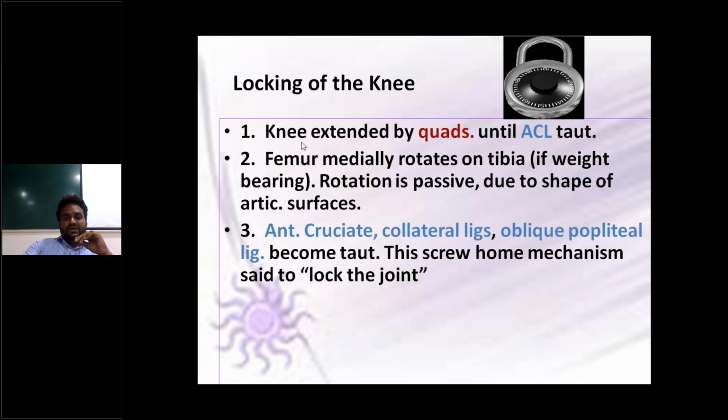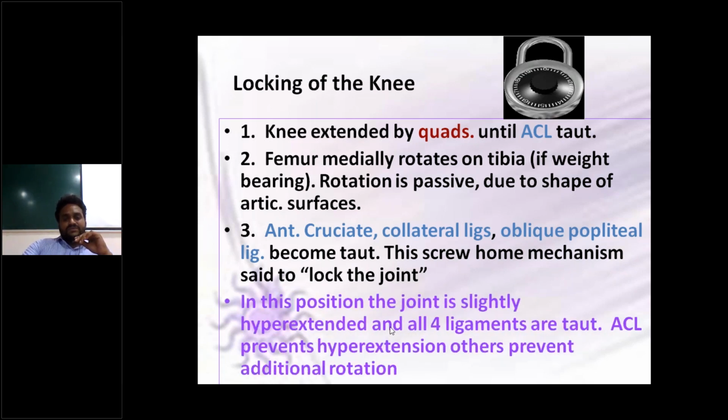So first, the knee is extended by the quadriceps femoris muscle tendon. Next step, the femur rotates medially on the tibia. Number 3, these ligaments, the anterior cruciate, the 2 collateral ligaments and the oblique popliteal ligament, become taut, and this mechanism is called locking of the knee joint.